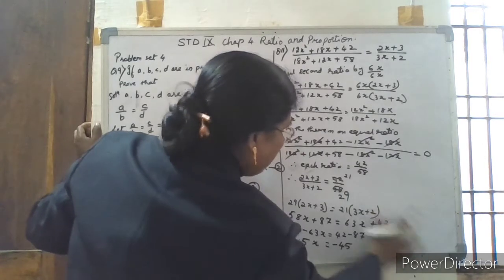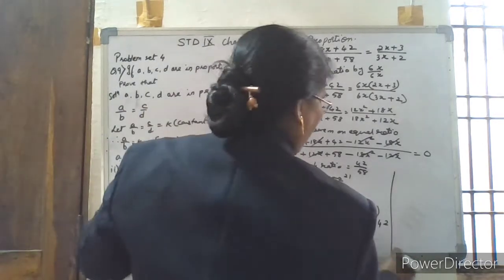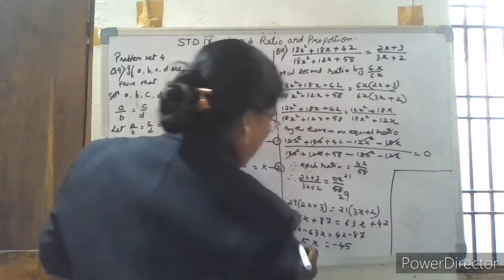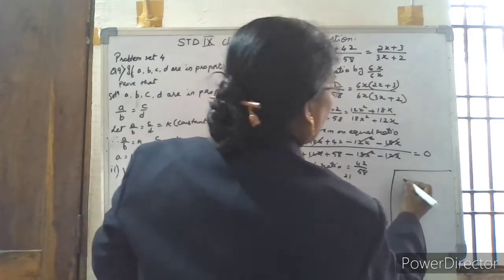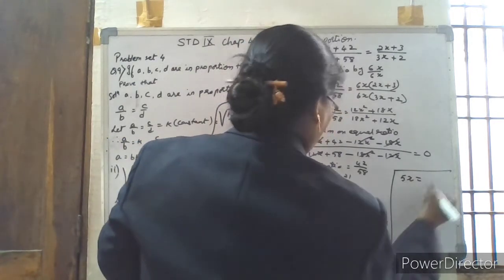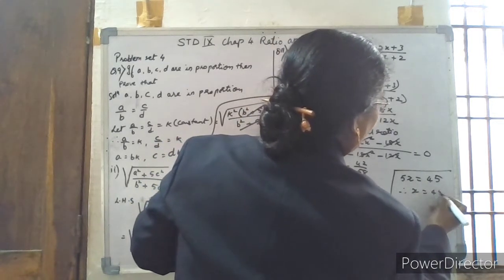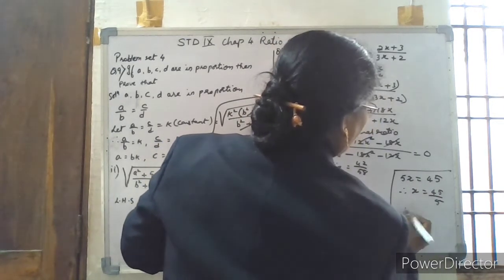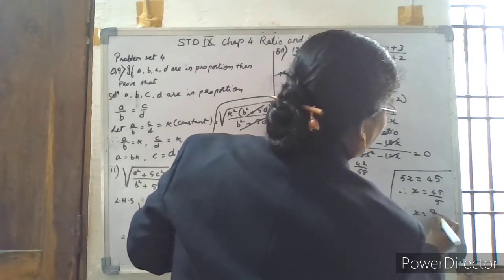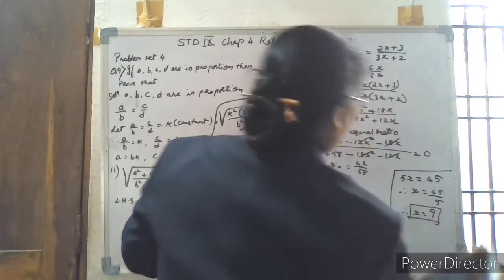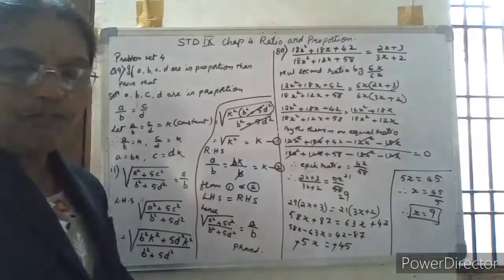Both sides, the minus sign cancels. So we are left with 5x equal to 45. Therefore x is equal to 45 by 5. Therefore x is equal to 9, 5 nines are 45. So we have got the value of x.